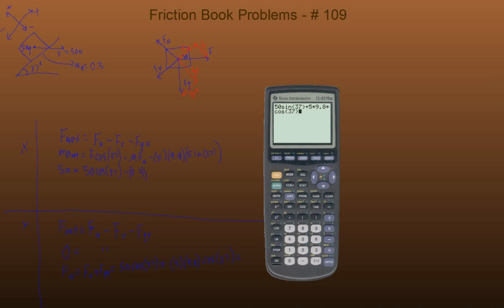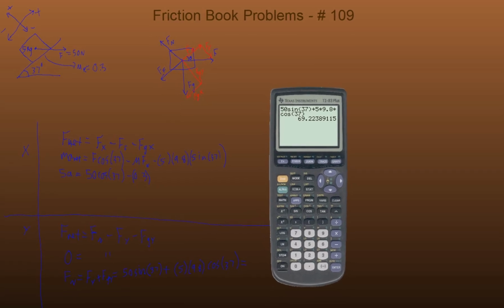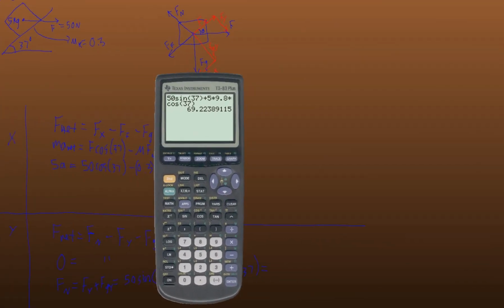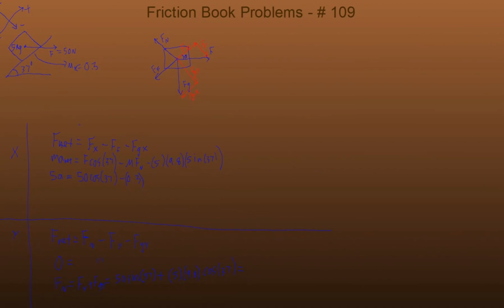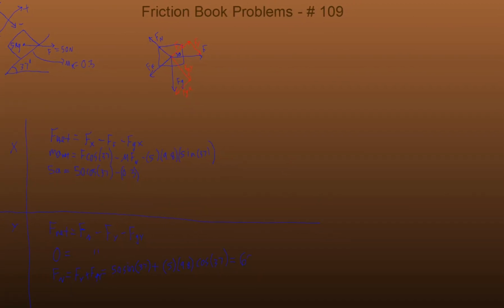And so the normal force is 69.2. Did I do that all correct? 50 sine plus 5 times 9.8. Looks good so far. So 69.2. And we can take that and just put that right up here in the normal force.